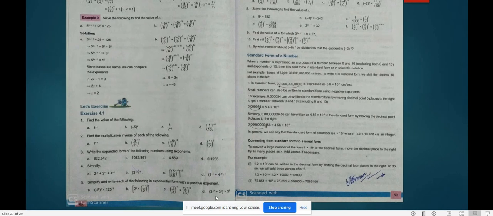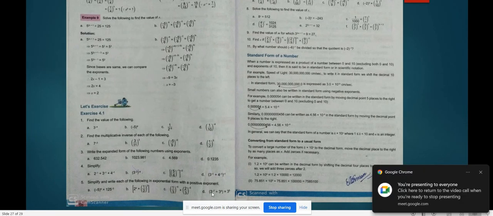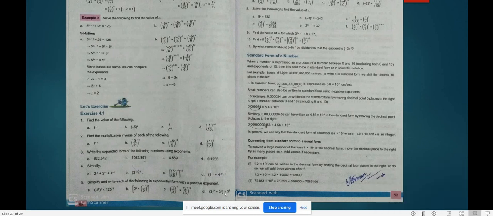Just check here. What is given? 3 to the power minus 7 divided by 3 to the power 4 into 3 to the power 5.